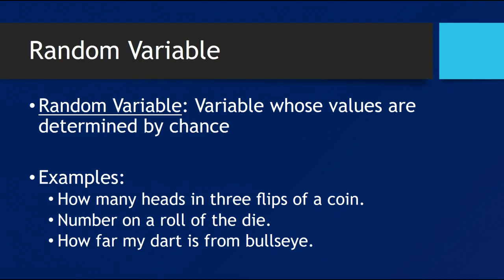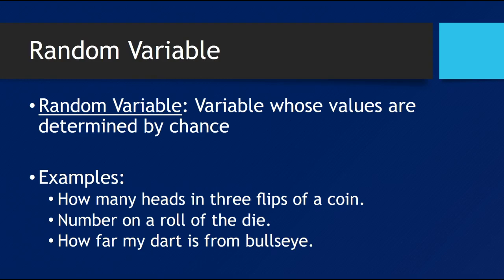So we start out with the idea of a random variable. We saw variables back in chapter 1. That's some sort of thing that can take on different values, some characteristic that can take on different values. And a random variable is a variable whose values are determined by chance. So for instance, how many heads you get when you flip a coin 3 times.